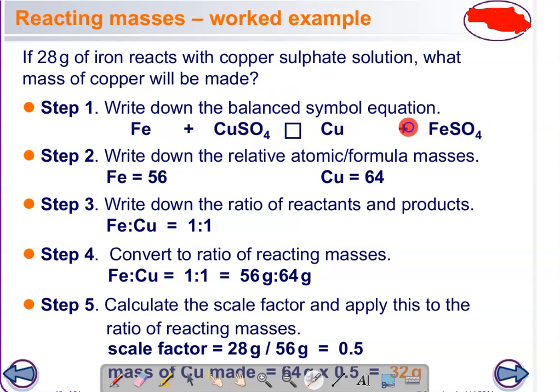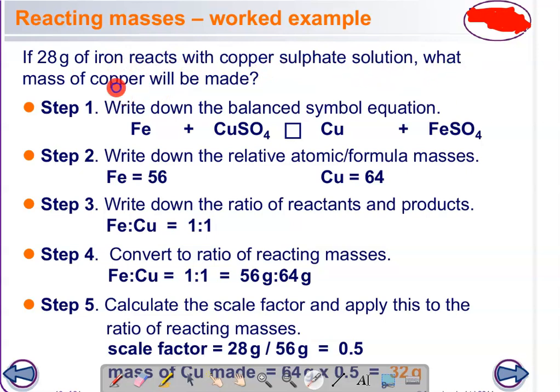So this is what our balanced equation will look like. The next step is to write down the relative atomic or formula masses of the elements you are looking for. In the question, the only elements we are concerned with are iron and copper, because the question says that if 28 grams of iron react with copper sulfate solution, what mass of copper?